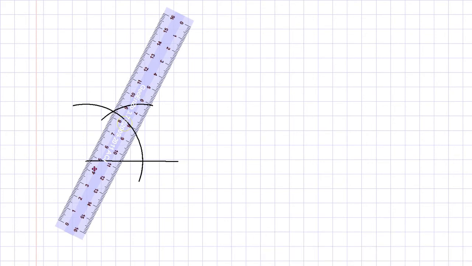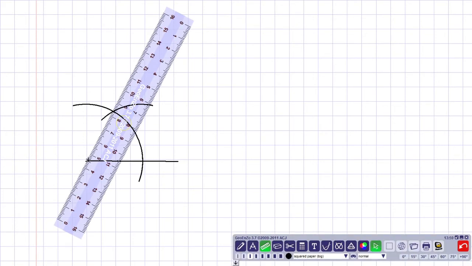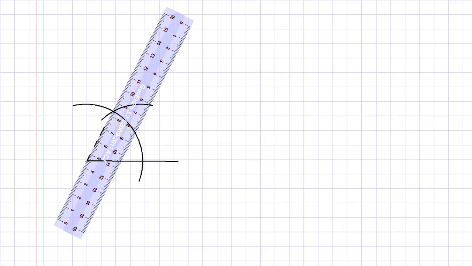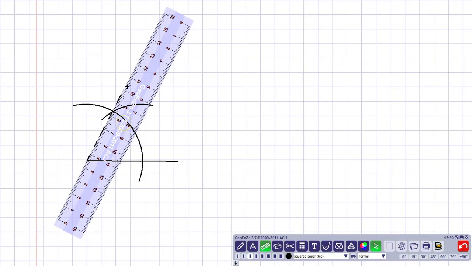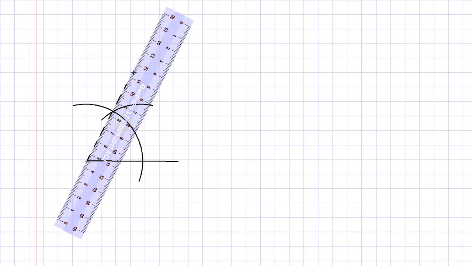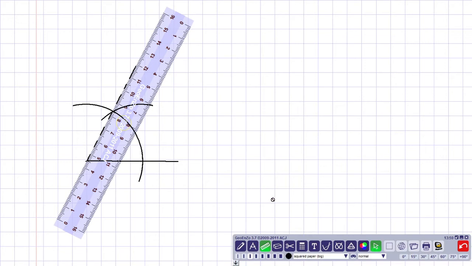I will join that using dotted lines because I want 30, not the 60. So I will join the 60 degrees angle using dotted lines.